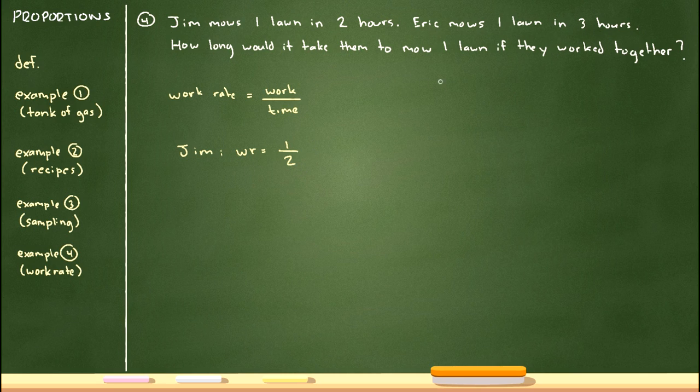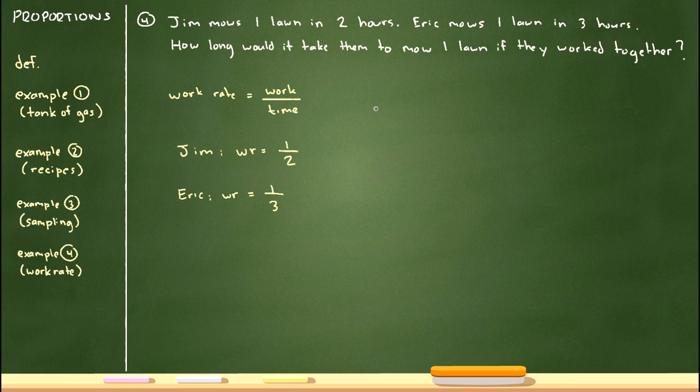Now Eric mows 1 lawn in 3 hours. So let me write that down as well. Eric, his work rate is going to be one lawn over 3, 1/3. Now how long would it take them to mow 1 lawn if they worked together?